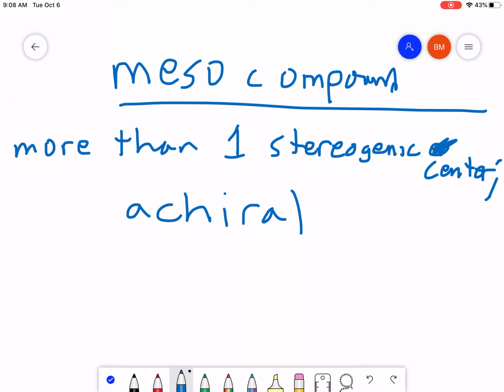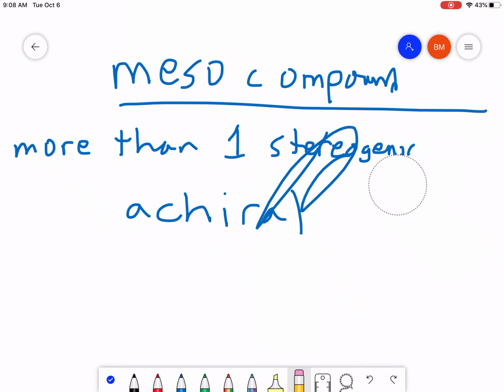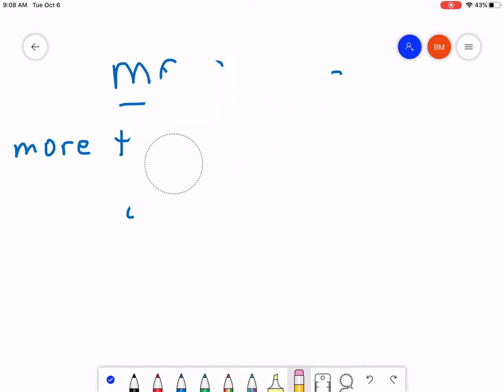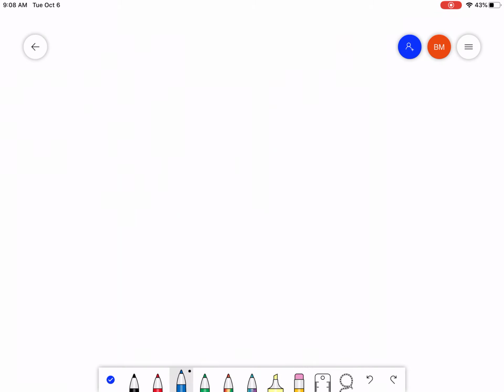All right. Here's a really good example. Okay, let me take this off the screen. All right, let's take a look at this guy. Now if we look at this, after analyzing this and checking all the carbons, we should be able to identify a couple of stereogenic centers.